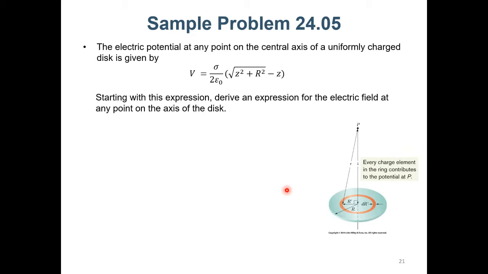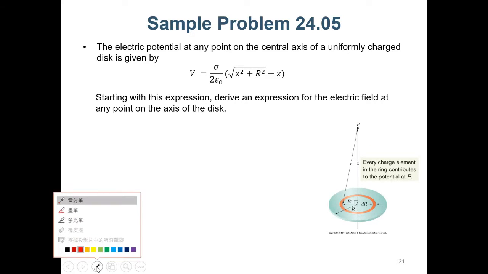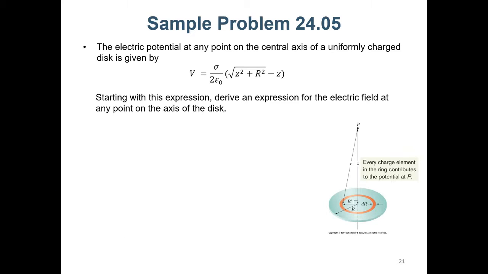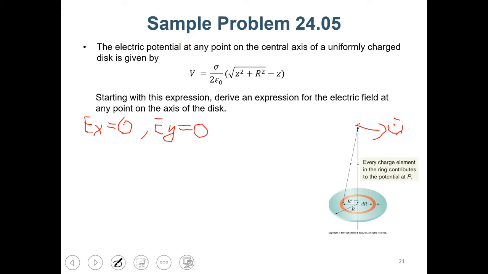Actually, on this axis, you can see that the E field in the x and y directions will be 0 because of the symmetry, so there shouldn't be any Ex or Ey. The only possible direction should be the z direction.